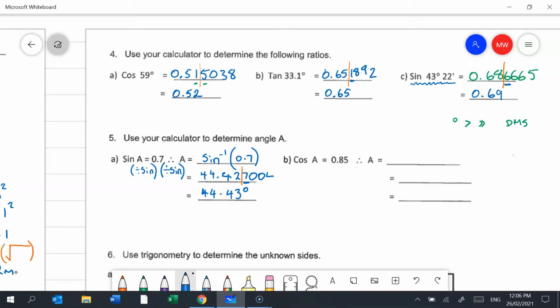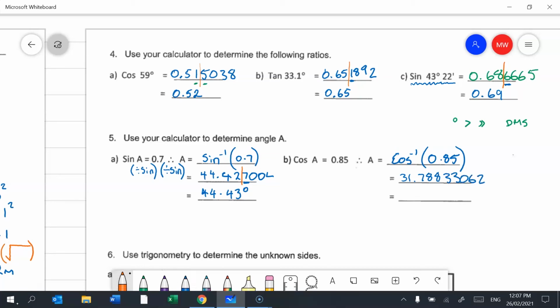So similarly in the second one, A will become cosine to the -1, or cos to the -1, 0.85, which we'll put in our calculator, and to do that you push shift cos 0.85 equals, which is 31.78833062.